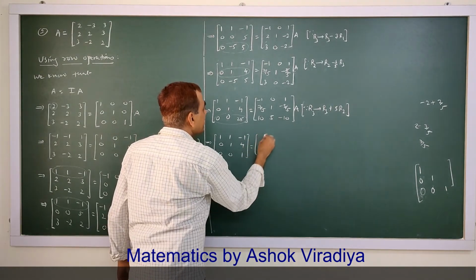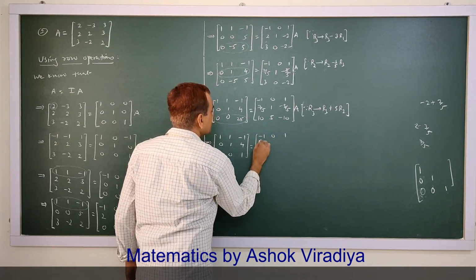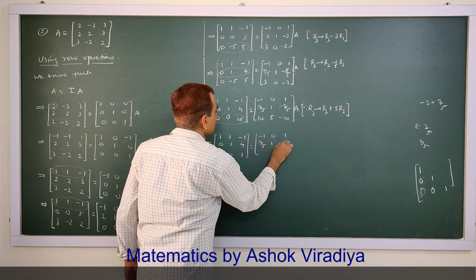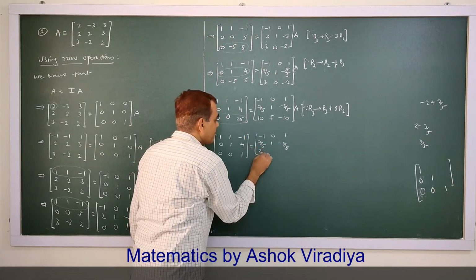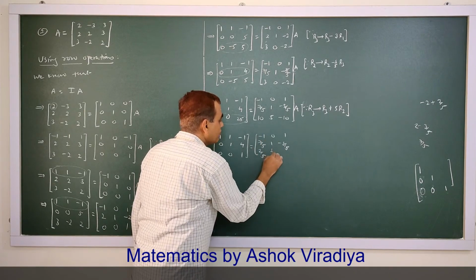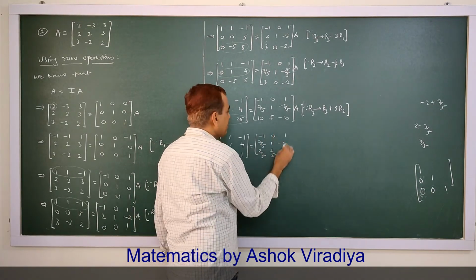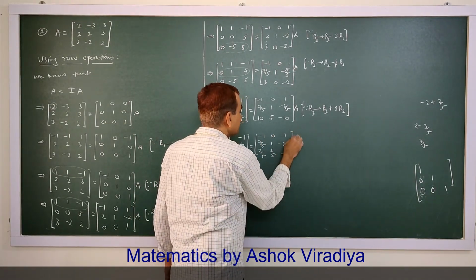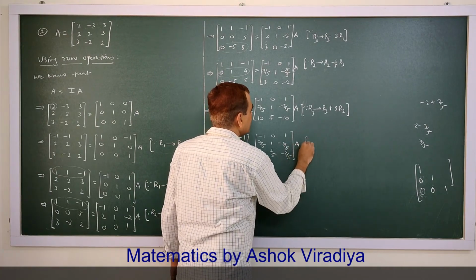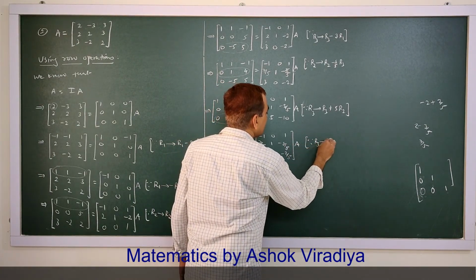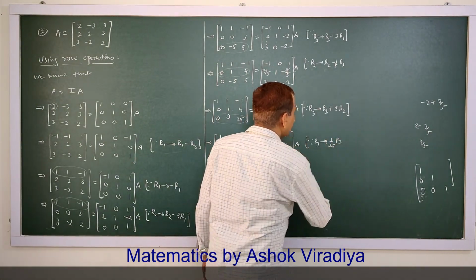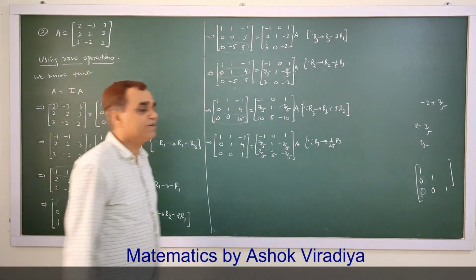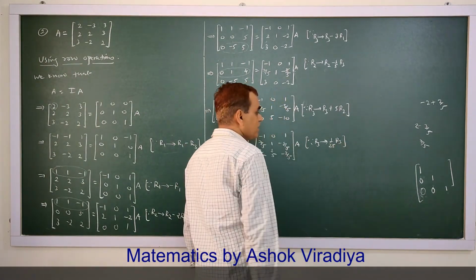Similarly, this number we divide by 25, so 2 by 5. Divide by 25, 1 by 5. Divide by 25, minus 2 by 5 into 8. So what is done? Third row is divided by 25, or multiplied by 1 by 25. So this is okay.